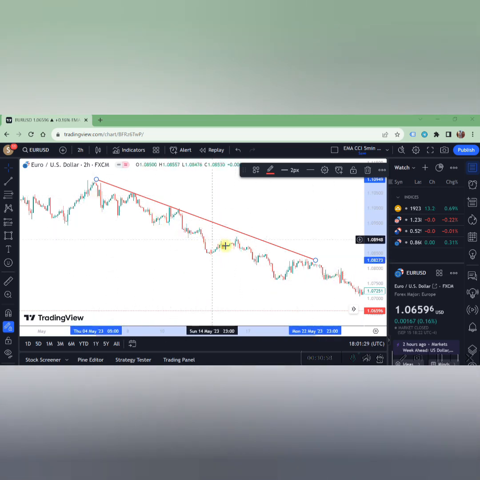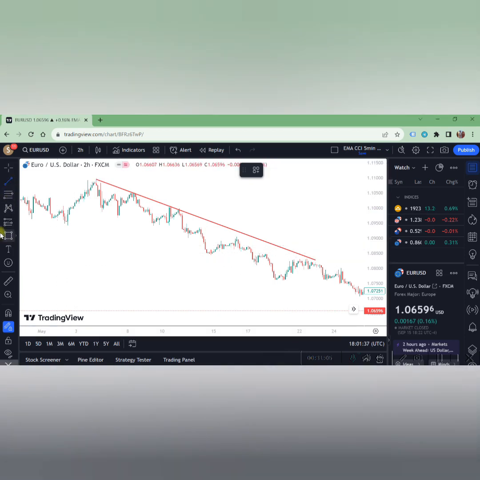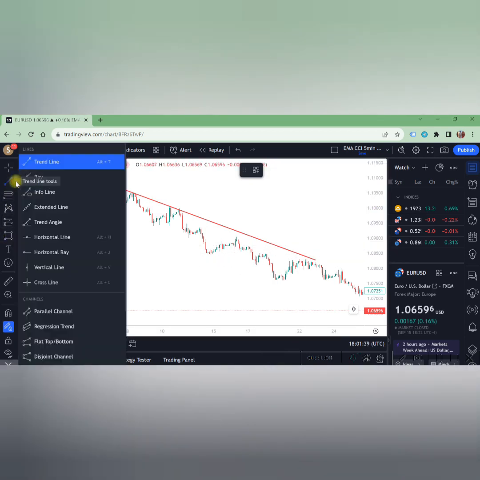Now while we have the market going down, it's not just going all the way down the way this line is going down straight. It keeps going up and down. It makes a zigzag movement.